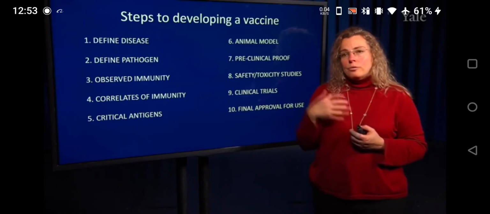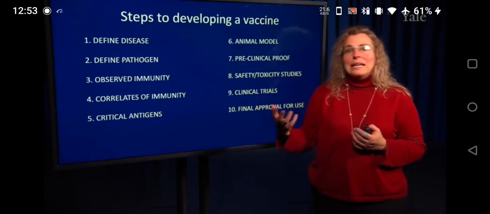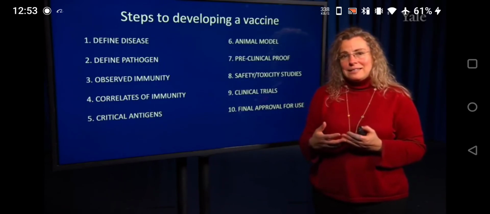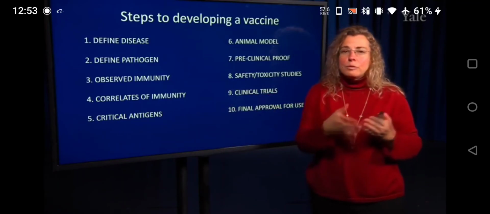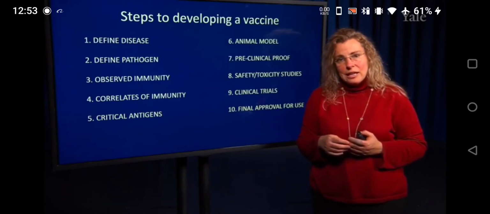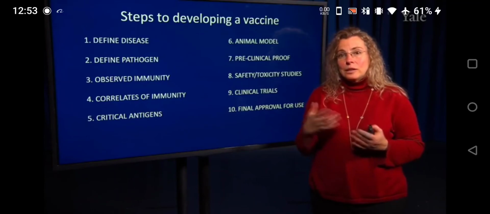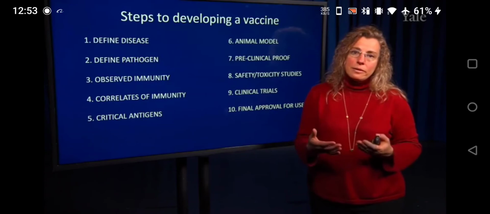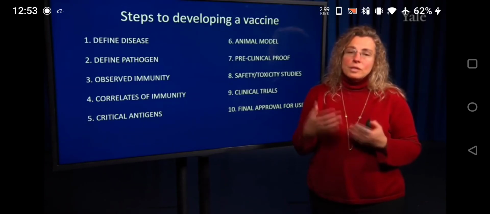So you don't just want to pick the most abundant protein on a pathogen as a subunit vaccine. You do want to have some kind of understanding about whether immune responses to that antigen do actually give you any protection. And again, that's why we don't have as many subunit vaccines as we would like. We can generate vaccines that stimulate immune responses. It doesn't mean those immune responses can always protect you from infection.